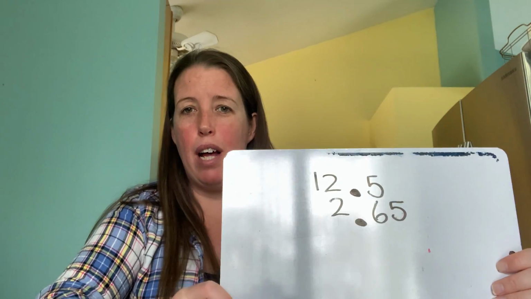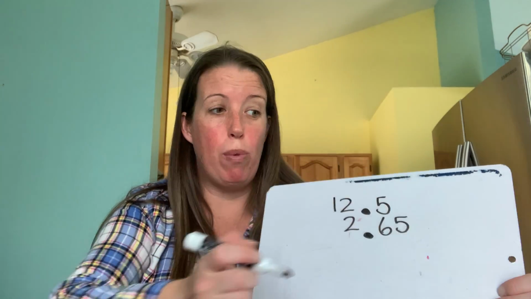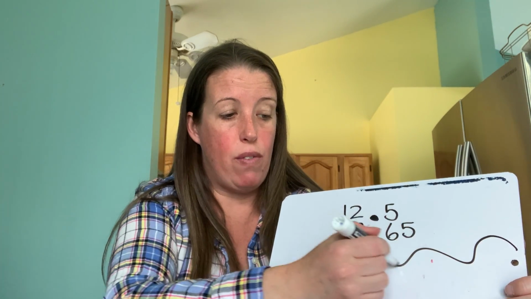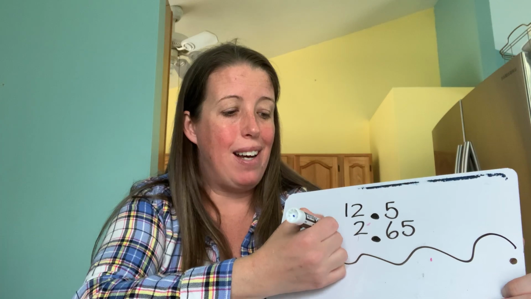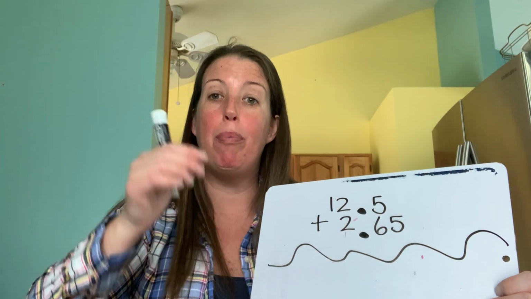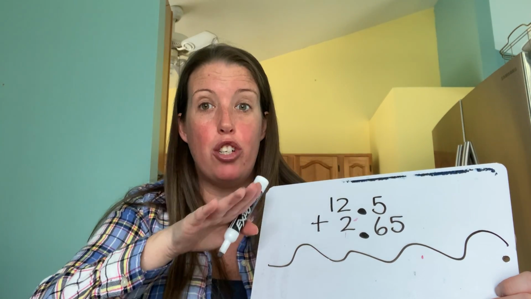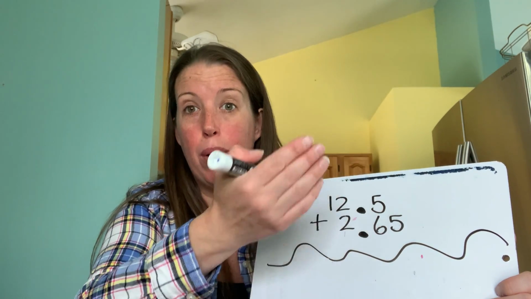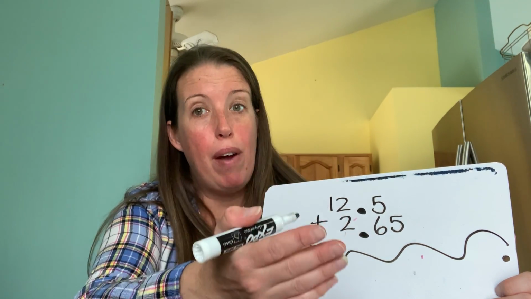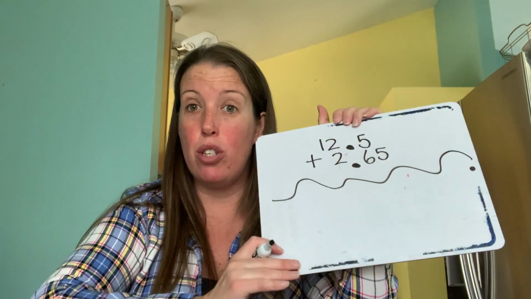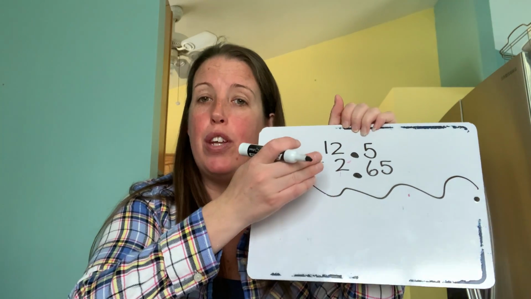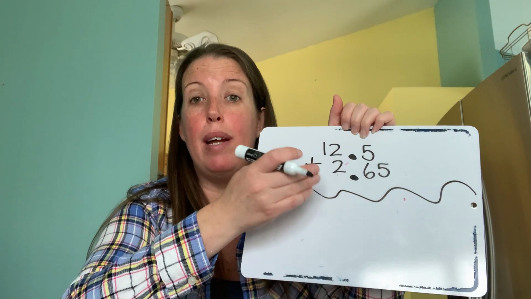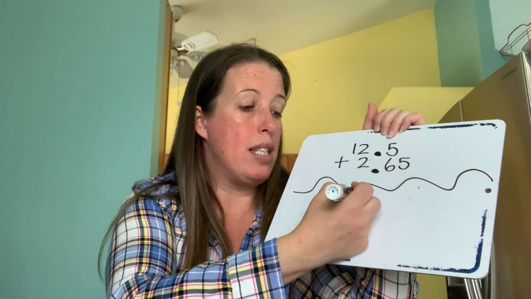Now, before I solve this, I want to show you a trap that a lot of kids fall into. Because I put my decimal point first, I'm in good shape because I knew that my digits have to fall in line with where my decimal point is. However, a common trap that students fall into is they don't line up place values, but they line up digits, and they write it like this.